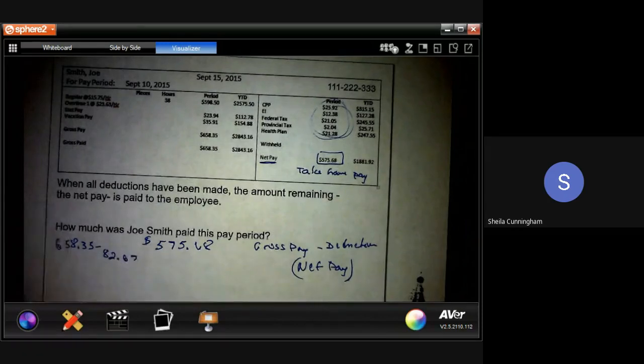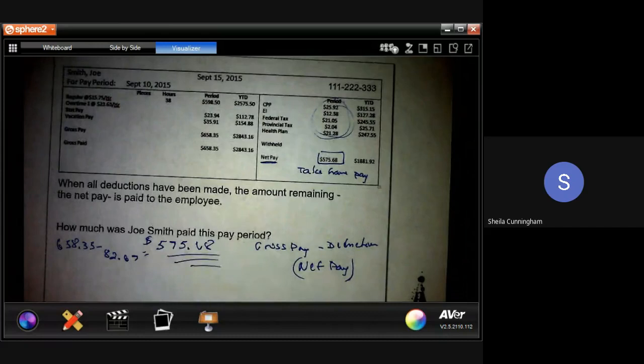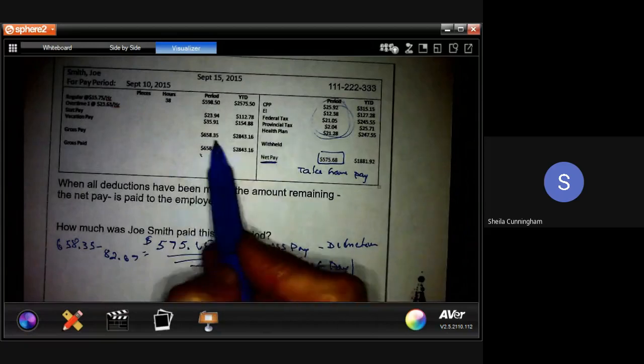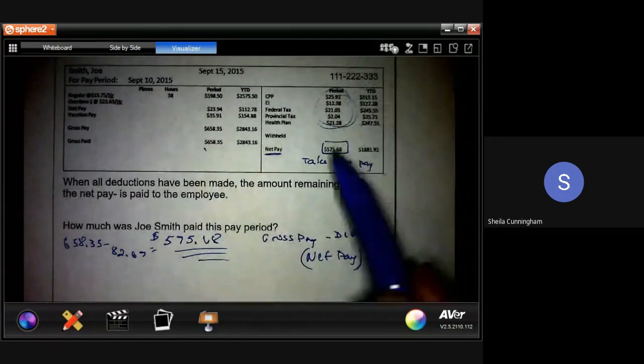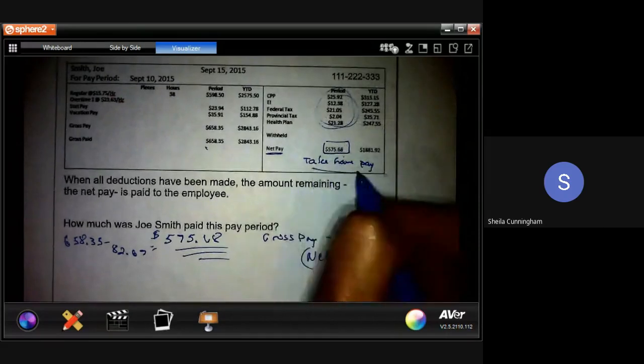And so when I subtract those now, 658.35 subtract the 82.67, you are going to get the $575.68, that take-home pay. So his gross pay at the beginning, when you're thinking, oh, he's making a lot of money, but then once you take all those deductions off, that is actually what Joe is walking home with.